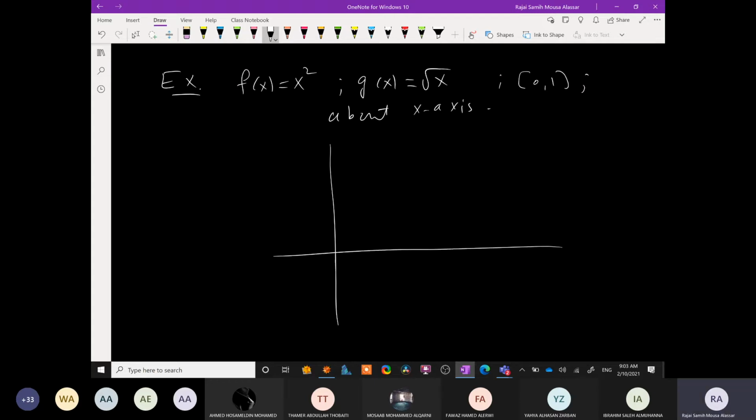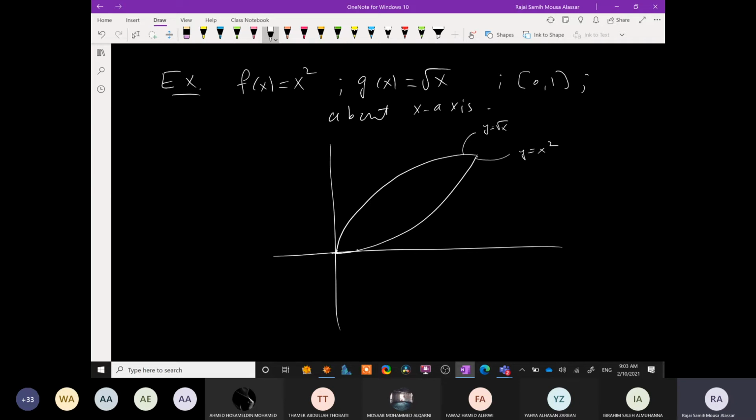This is your x-axis, and this is your x squared, and this is the square root of x. So this top function is the square root of x, and this bottom function is x squared.